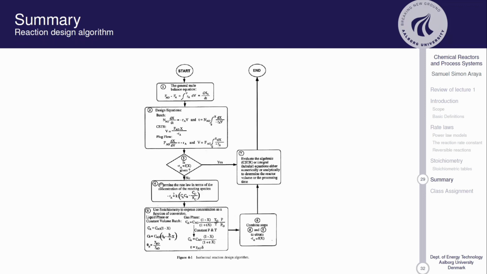And then once we have this rate of reaction as a function of concentration, then we can use the stoichiometric tables to relate the concentrations to the conversion. And once we have done that by combining the rate law with the stoichiometries, we get the rate of reaction as a function of x, which is exactly what we would have gotten from a lab, or what we would have assumed as a given in the previous lecture.